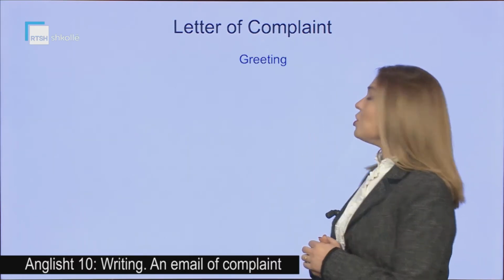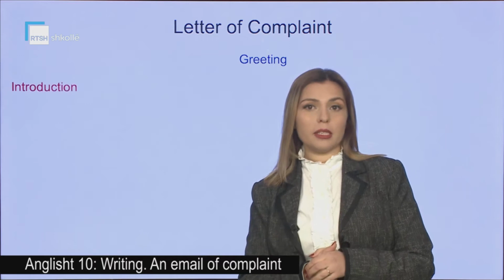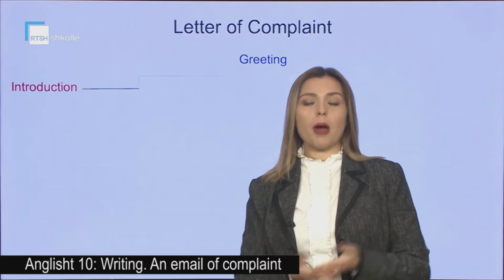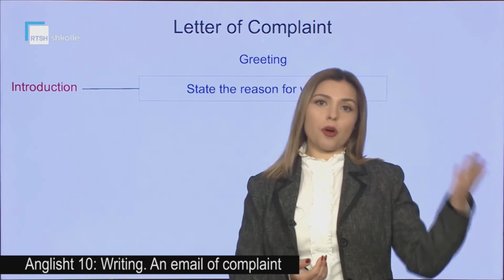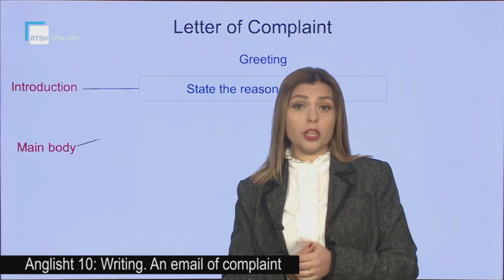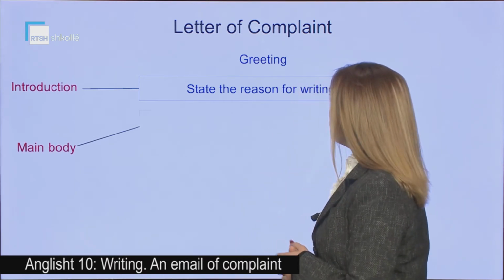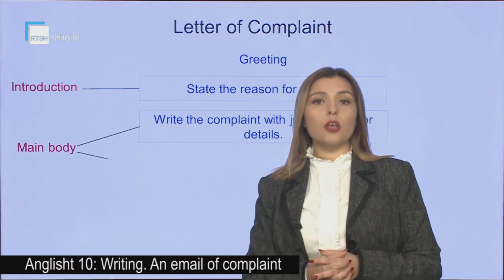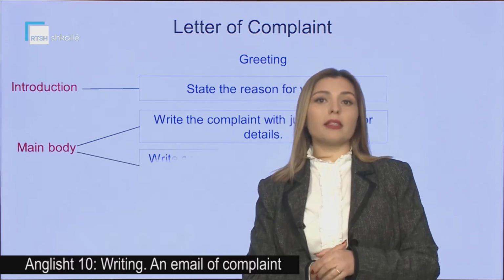Now, first of all, what is the structure of a letter of complaint? We're going to start by greeting them. How do we greet? Dear Sir or Madam, or Dear Mr. Brown, for example, if we know the person. Then we continue with the introduction. So in the first paragraph, we state the reason why we are writing this letter.